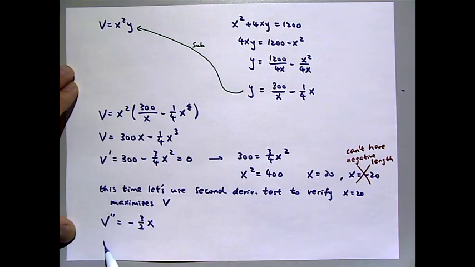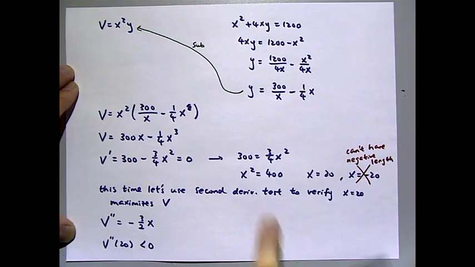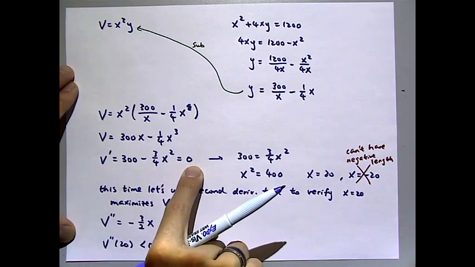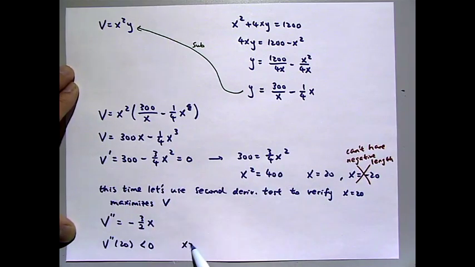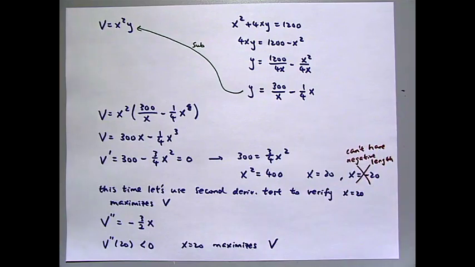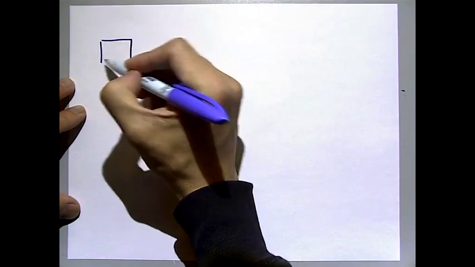So the second derivative at x is equal to 20 is clearly negative, which means it is concave downward with a flat horizontal tangent line because V prime is 0. So this tells us that x is equal to 20 will maximize V. Okay, again, that's just half the answer. You got to remember physically what you were solving for.